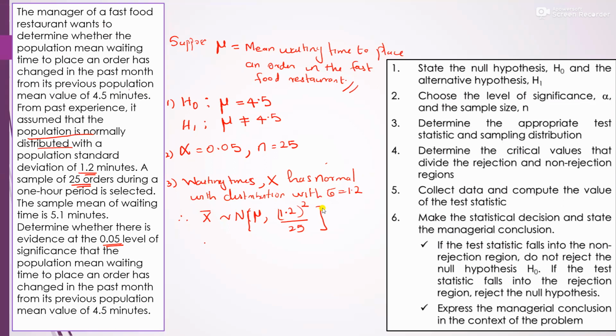So from this, now we can get our test statistic, Z equals X bar minus mu over sigma over square root of n. Later we can calculate it, right?